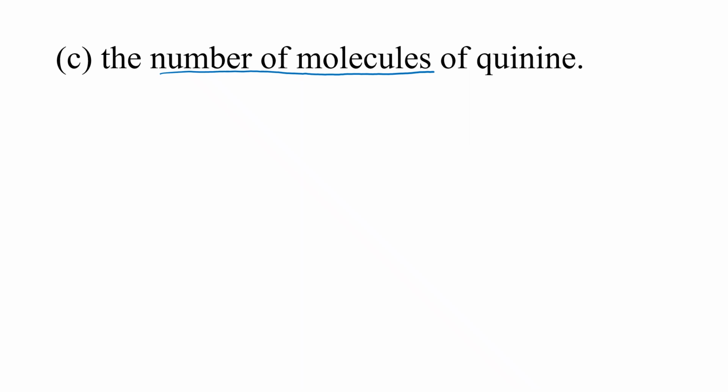So ingat, nak cari number of molecules, kita mesti kena gunakan general statement tadi. Okay, iaitu kalau kita ada 1 mol of quinine, so number of molecules dia adalah, kenapa number of molecules? Sebab quinine ini adalah molekul.